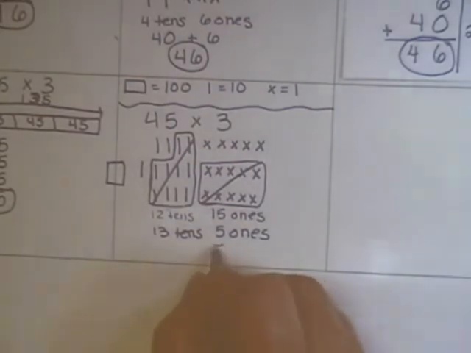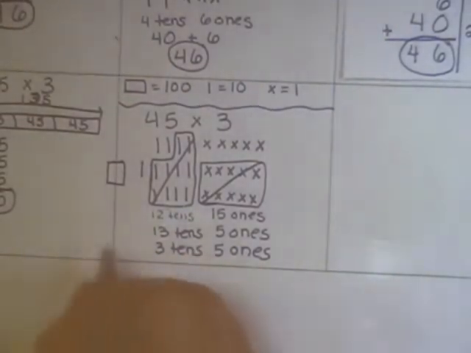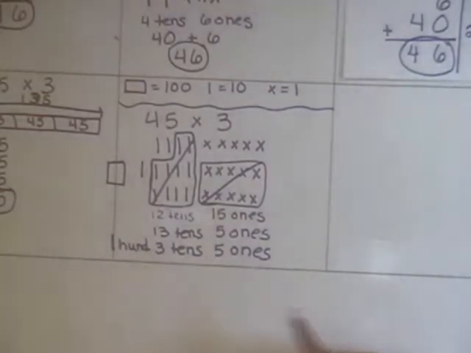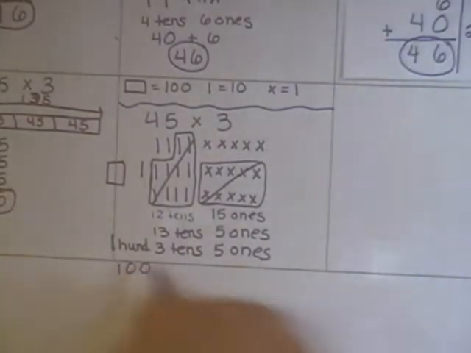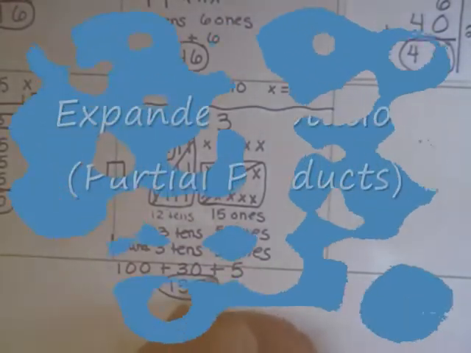Now I have 5 ones, 3 tens, and 100. And I can add those up. What does 100 look like in expanded notation? Plus 3 tens plus 5 ones. Together, my same answer of 135.